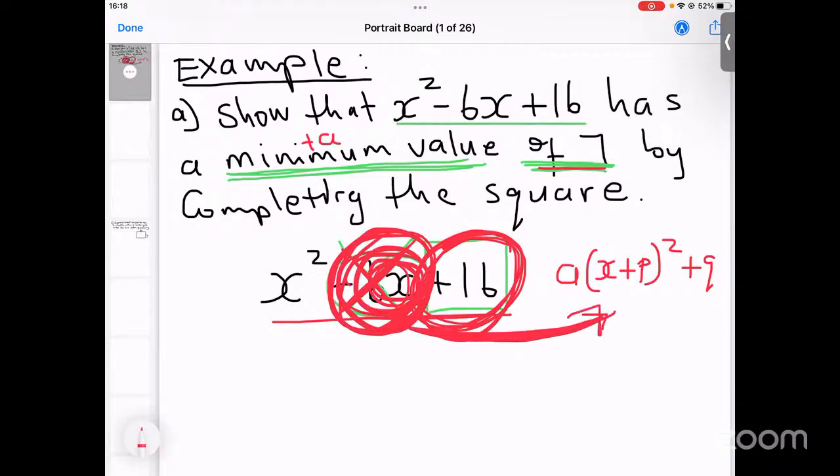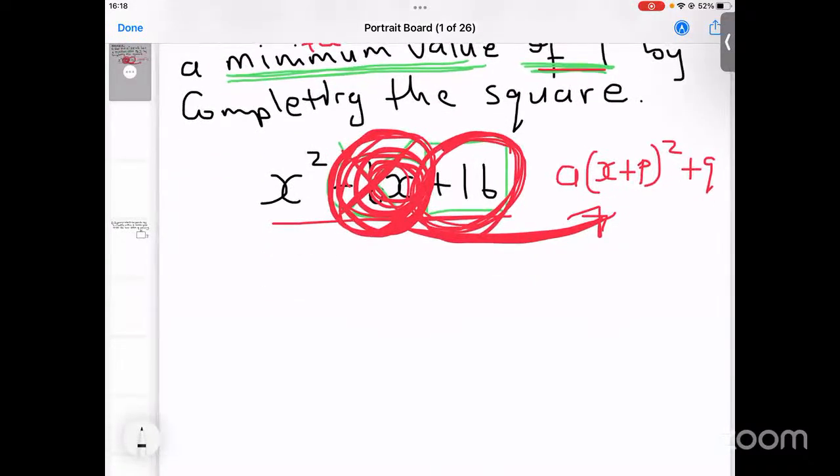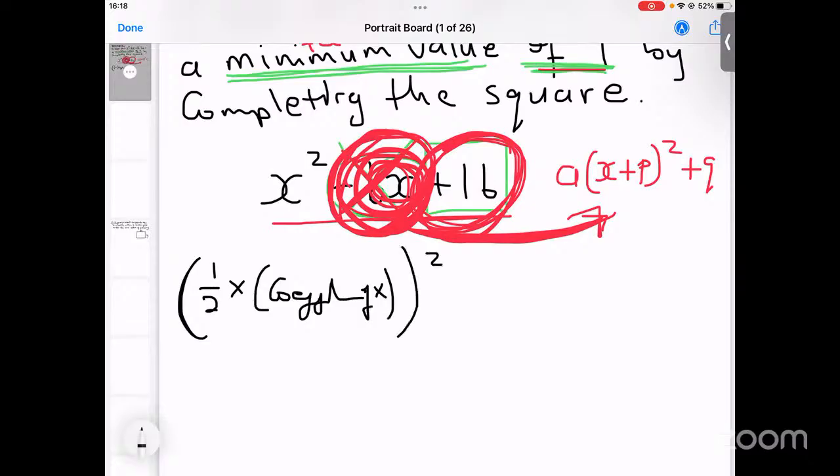I'm sure by now completing the square is just a 2 minutes thing. The most important part is for you to take that coefficient of x, multiply it by half, and then square it.